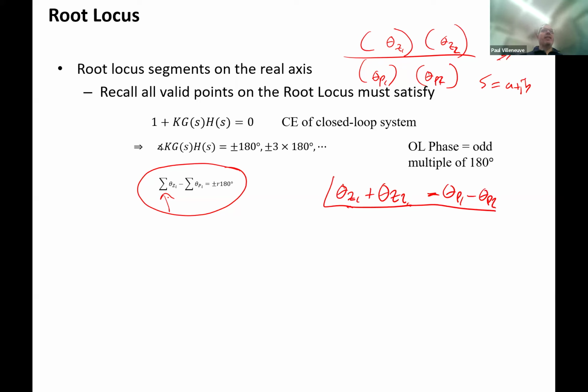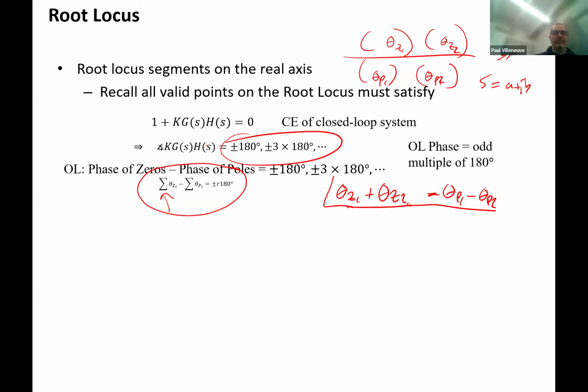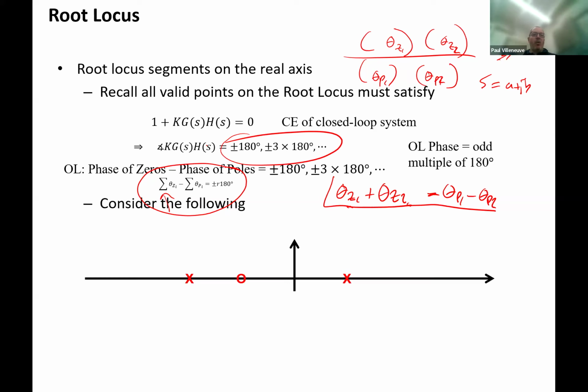So can I just rewrite that mathematically as the sum of the angles associated with the zeros, minus the sum of the angles of the poles at that specific number? And we know that has to equal 180 degrees, plus or minus, or the multiples, right? So we said that the phase of the zeros.